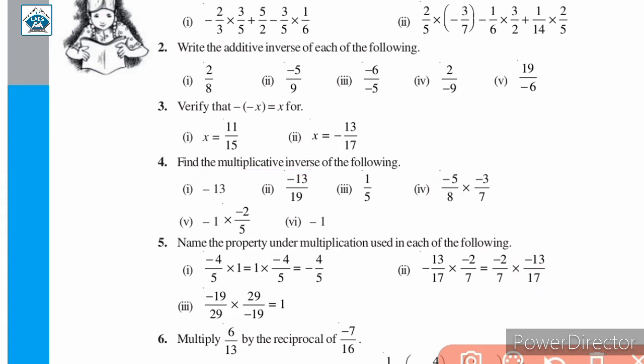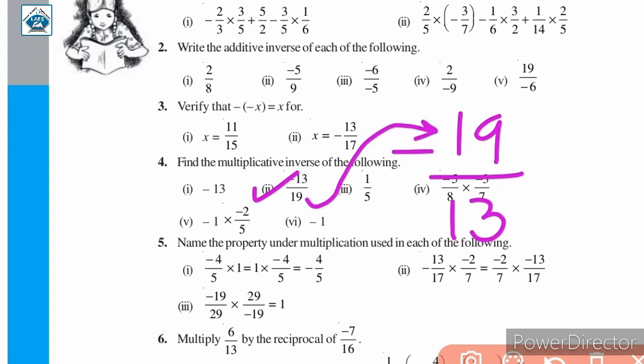So next we have this number minus 13 upon 19. This is very simple, right? We need to write it as 19 upon minus 13, which we can write as minus 19 upon 13. This is the multiplicative inverse, or as we say, the reciprocal of this number. The denominator becomes the numerator and the numerator becomes the denominator.